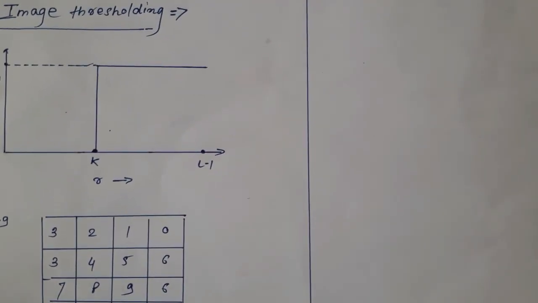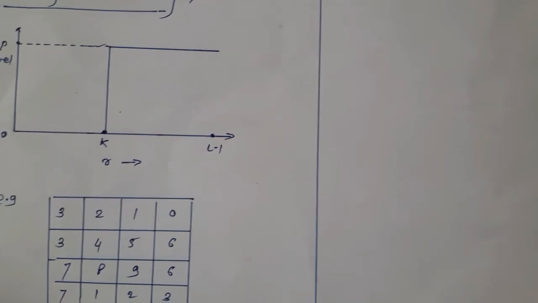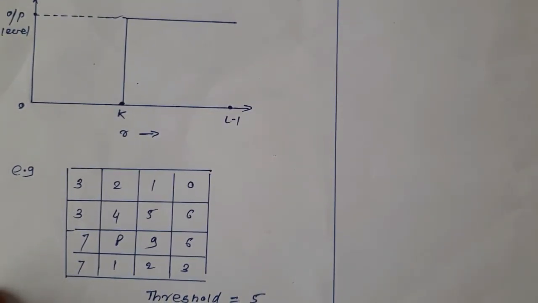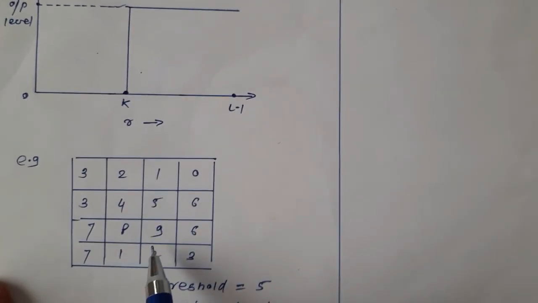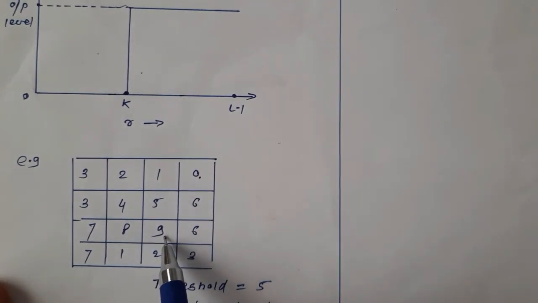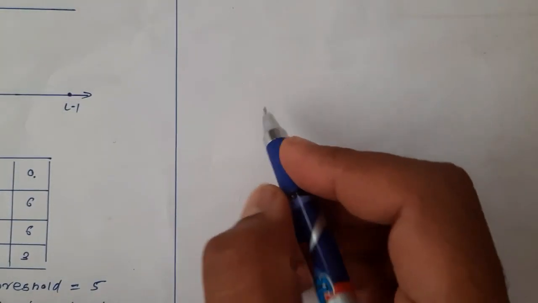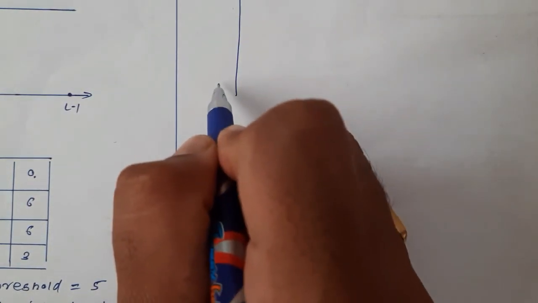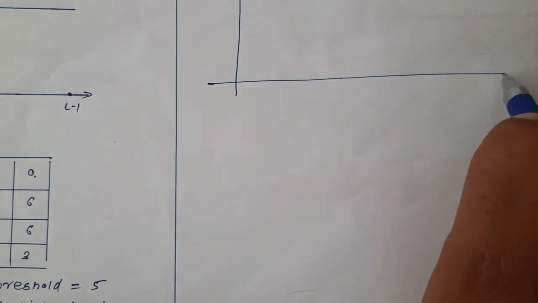Now I would like to map all the input values to the output. You have to consider all these values. This matrix consists of 0 as the lowest value and 9 as the highest value. So on the x-axis you have to plot the values from 0 to 9. This is my y-axis, this is my x-axis.